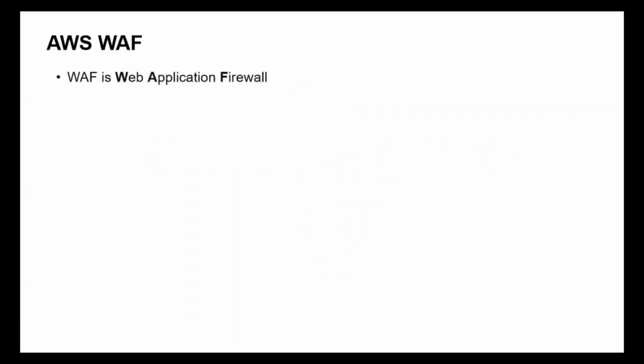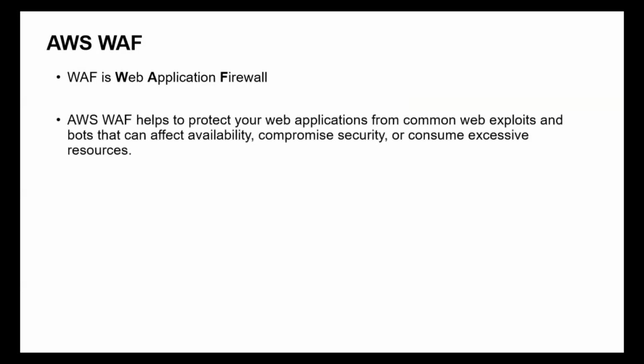So what is a WAF? WAF is a web application firewall. Using the WAF, you can control the traffic that needs to hit your web application. WAF helps to protect your web applications from common web exploits and also bots, which typically impact availability, compromise security, or consume excessive resources.